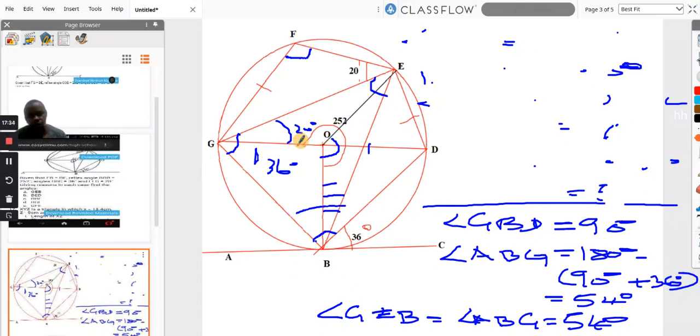Consider GO and OB are radii, so making this triangle isosceles. So here that 36, and here we found this one as, was it 34? Let me confirm. That is OBE.